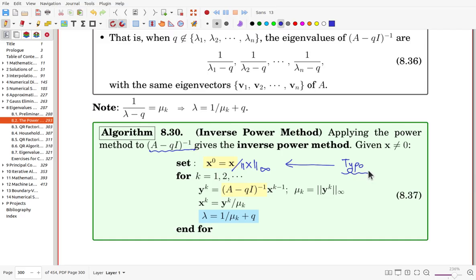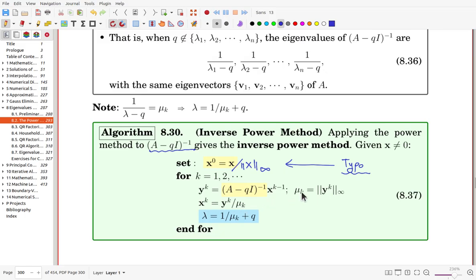Here we multiply by the matrix and get y_k, a temporary vector, measure the length, and divide by the length in infinite norm, so we can get the new iterate.